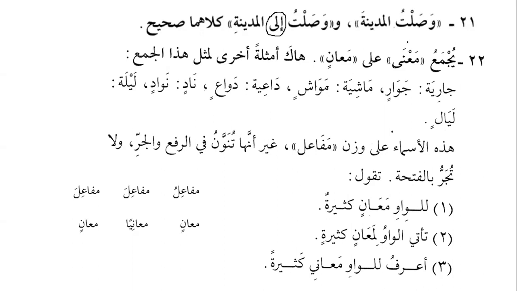So in Arabic it's possible to say wasaltu al-madina, I reached the city. Wa wasaltu ila al-madina. The translation will be the same. I reached the city, but it is possible to use the preposition ila, and we can also use it without ila. Kilahuma, both of them. Kilahuma sahih, are correct.